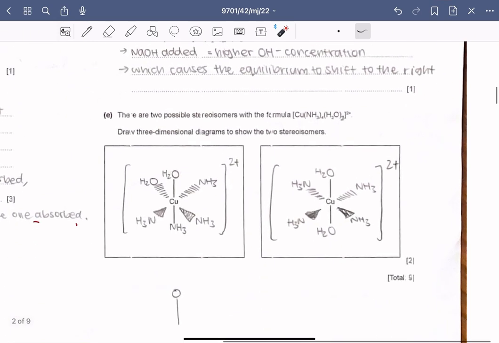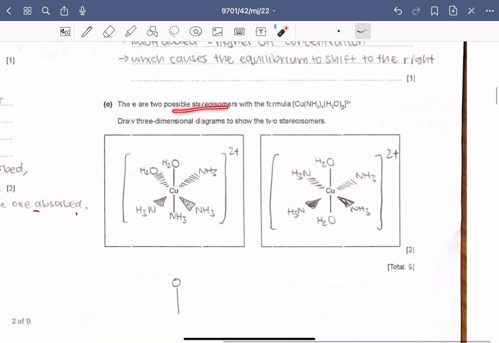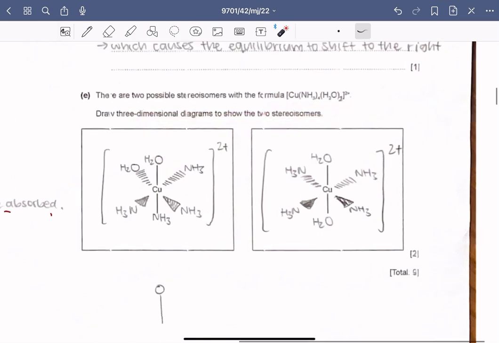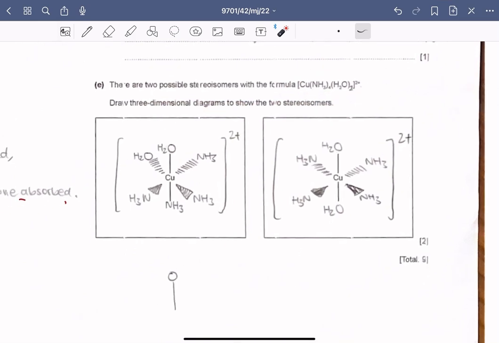Okay, E. There are two possible stereoisomers with the formula [Cu(NH3)4(H2O)2]2+. Draw three-dimensional diagrams to show the two isomers. In here we can know that there are going to be cis and trans isomers, which are both geometrical isomers.